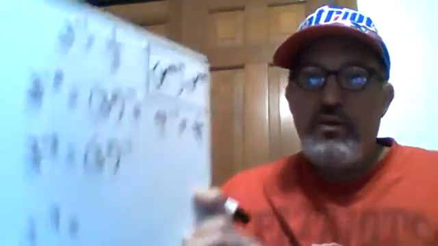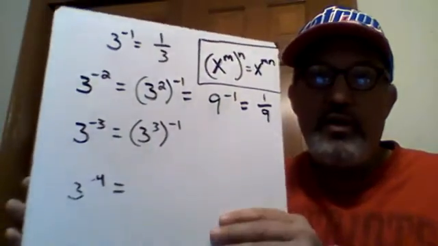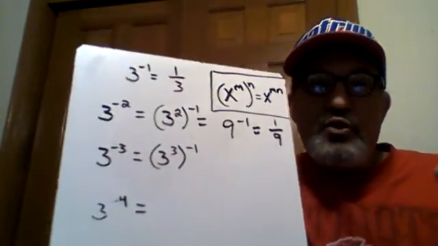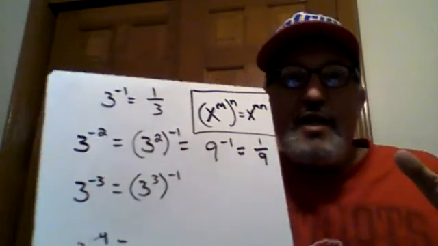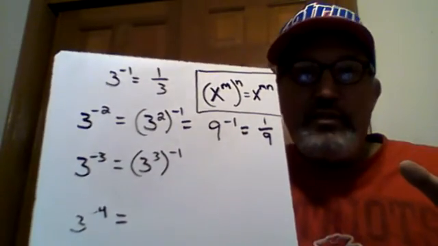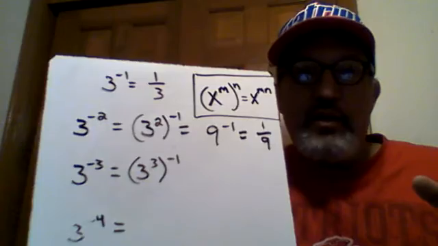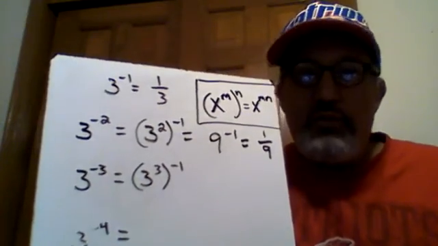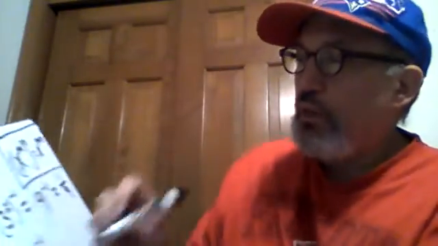3 to the -3, we'll think of it as 3 to the 3 raised to the -1 power. This should be continuing to give you the idea that these rules of exponents are the way they are because they work. That's all. It's as simple as that. 3 to the 3rd power is 27.